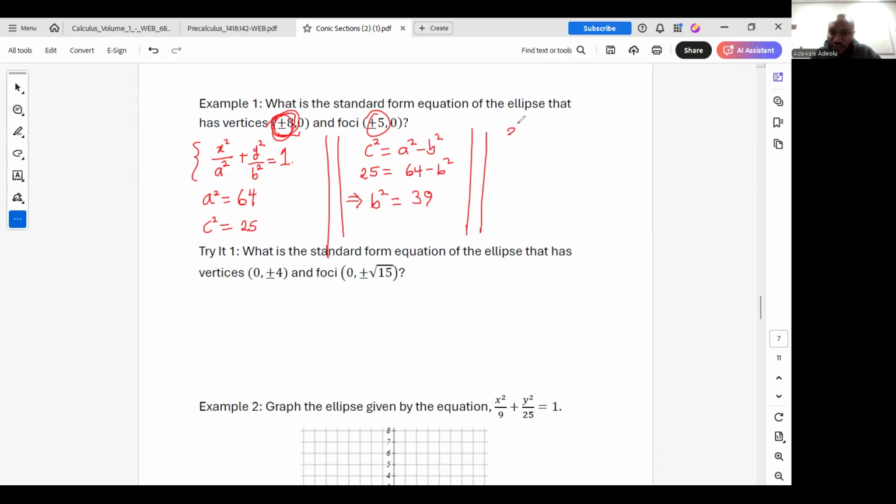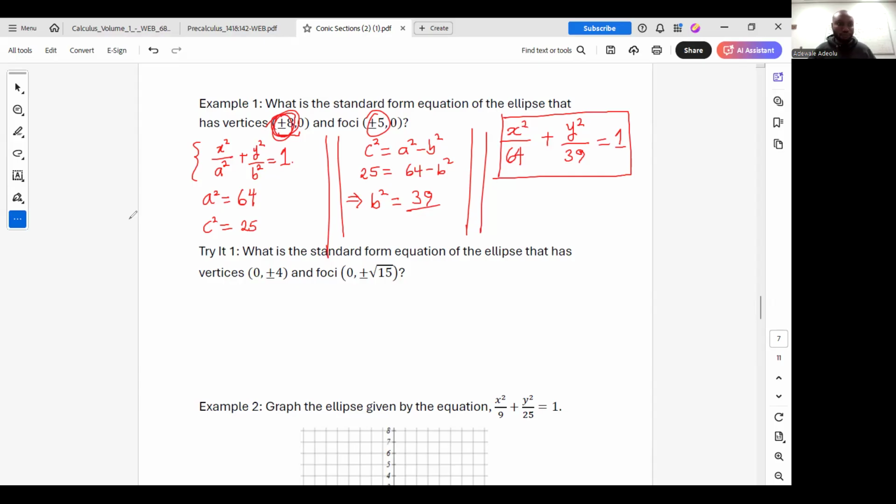So we have x squared over 64 plus y squared over 39 equals 1. So this is the equation of the ellipse in standard form.